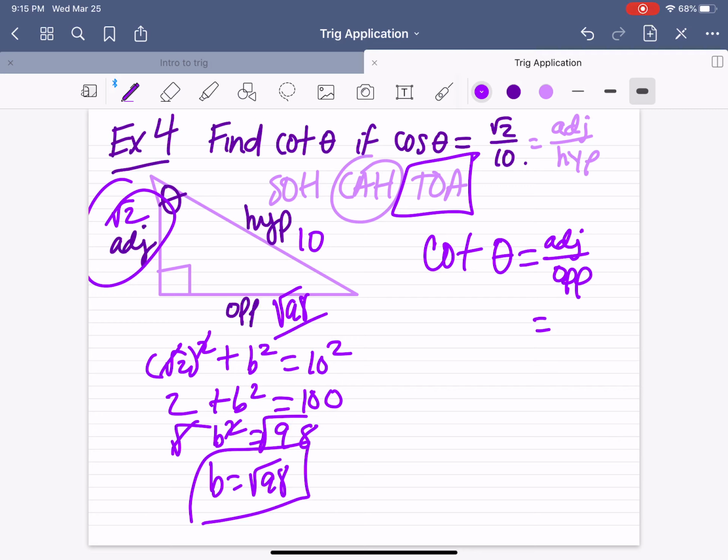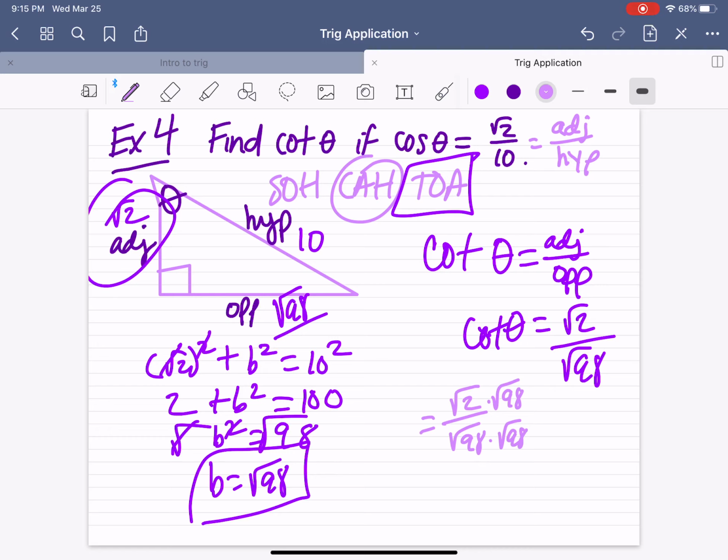So let's set up the ratio. The adjacent is square root of 2. The opposite is square root of 98. Notice that you have a square root of 98 in the denominator, so you have to rationalize. So one step further, we're going to rationalize by multiplying both numerator and denominator by square root of 98.